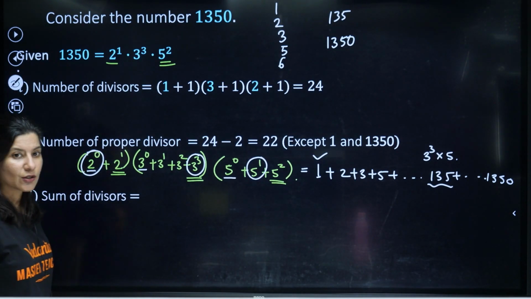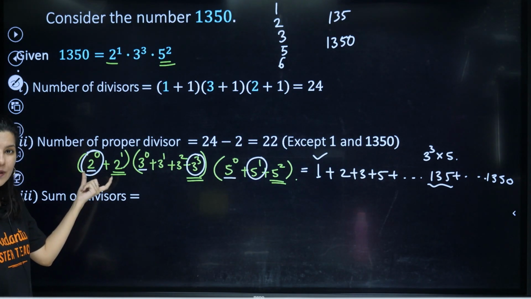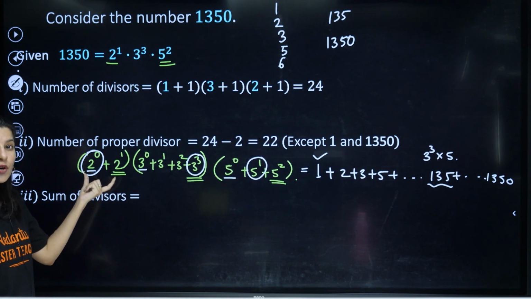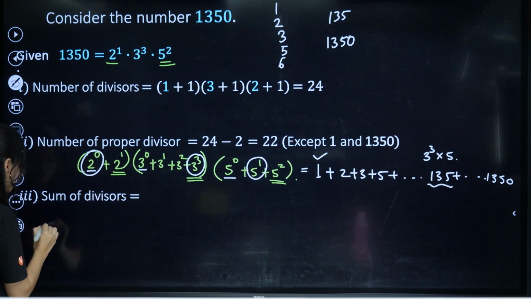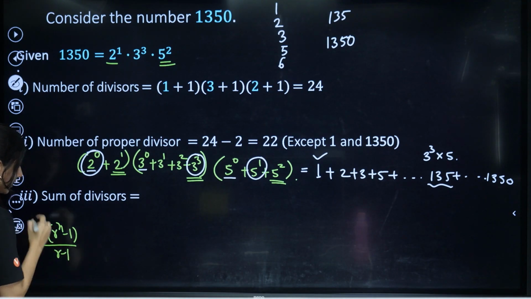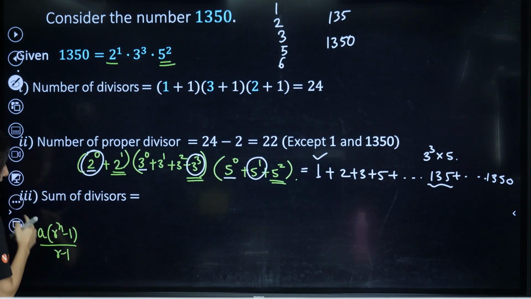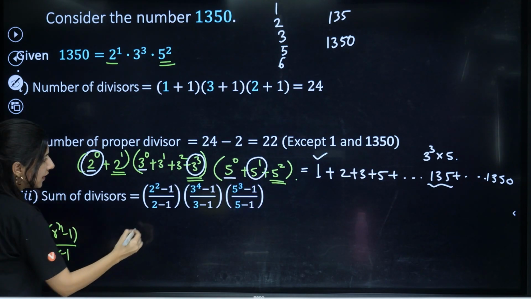So this is your sum of divisors basically. Now in here you know that this is a geometric progression of two terms. Let us apply the formula. What is the formula? a r ki power n minus 1 upon r minus 1. So a is 1. So 1, 2 ki power 2 terms: 2 square minus 1 upon 2 minus 1.